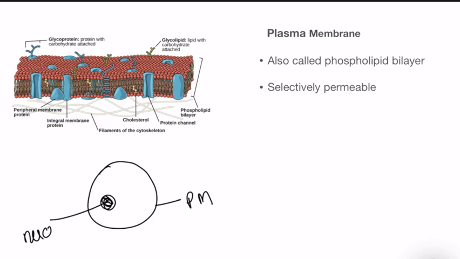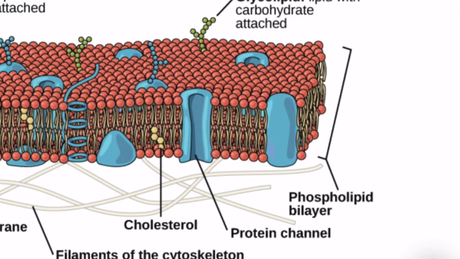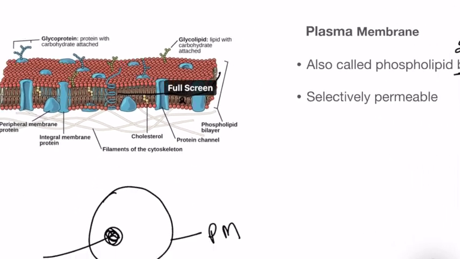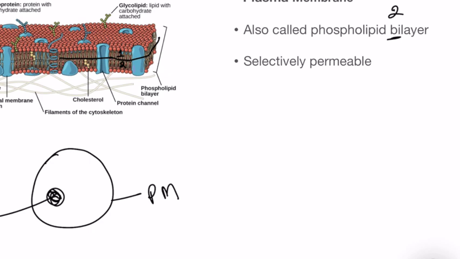Why is it called a phospholipid bilayer? So let's break the words down. Bi means two. So it is a layer, or actually it is two layers of phospholipid. So if I zoom in here, you will notice that there is this one layer of phospholipids. Okay, we'll call it layer 1. And then you have the other layer on the bottom. So it's two layers, bilayer of phospholipids. Now let's see where the phospholipid part comes in. So if I take one of these here and show you what it looks like, this is what it looks like.